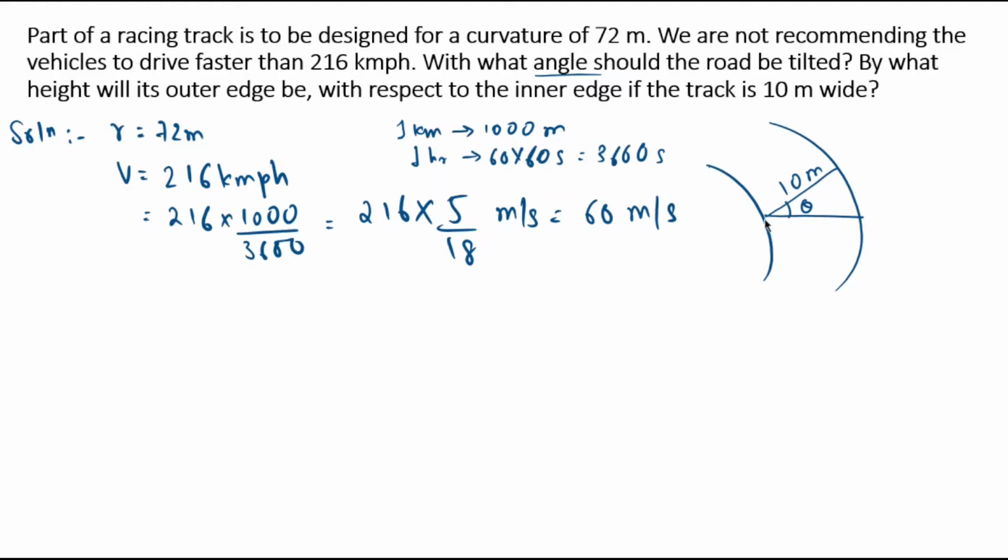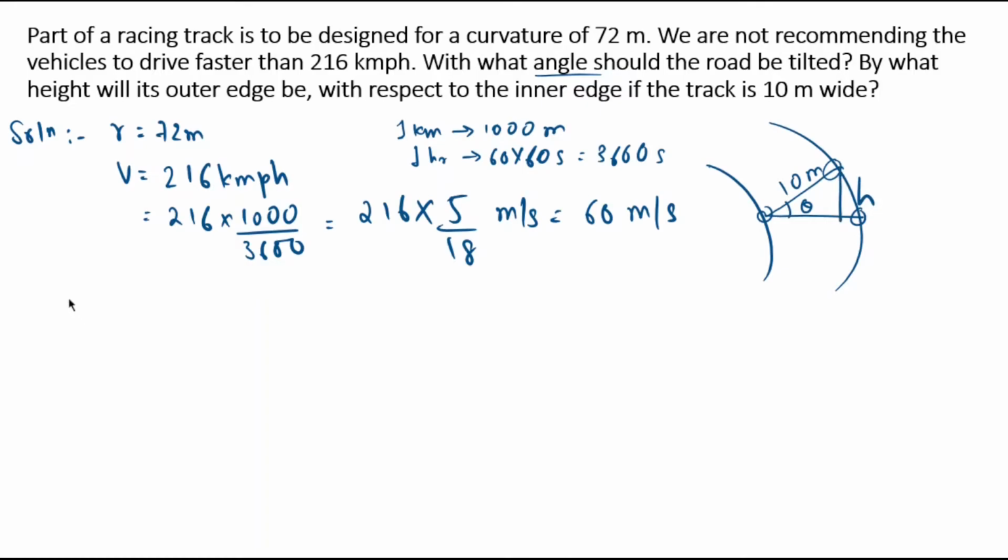People get confused with the width, they take this as the width, but this is the normal distance between this point and this point, but actually the track is curved, so this distance is the actual distance between the two endpoints of the track, okay, and this is obviously the height.